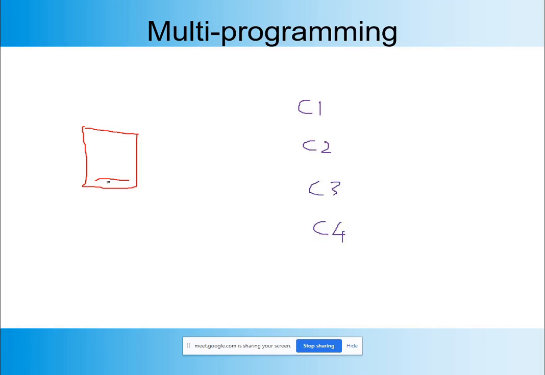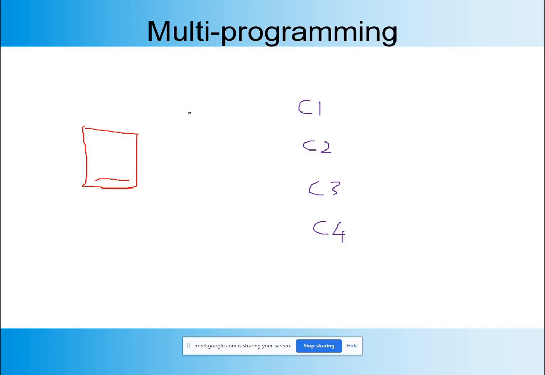Since there is only one oven, at any given point of time, only one of them can be allotted. Either C1 can use this or C3 or either of C2 and C4. It cannot be shared, this oven.